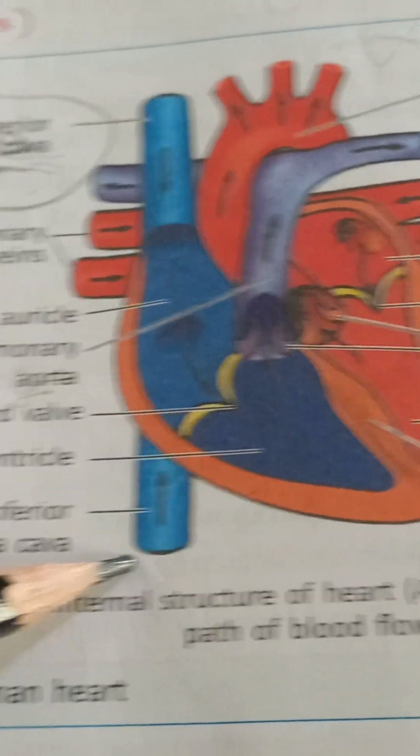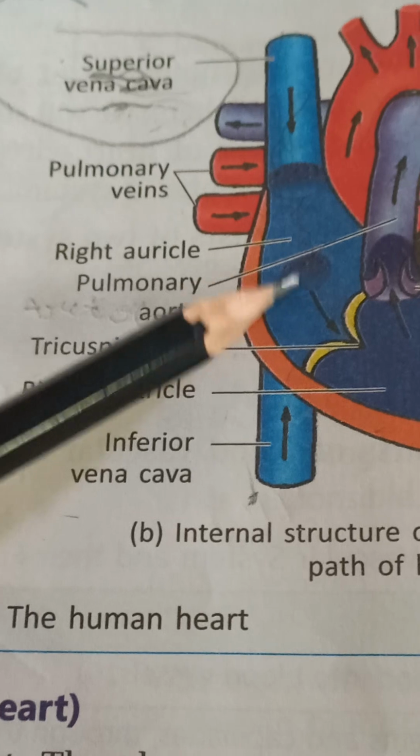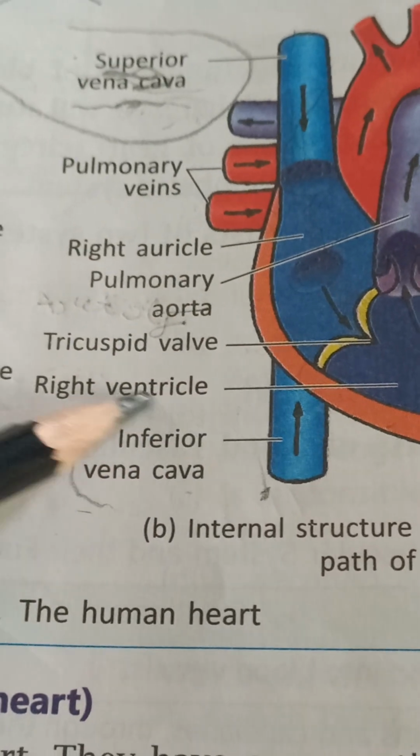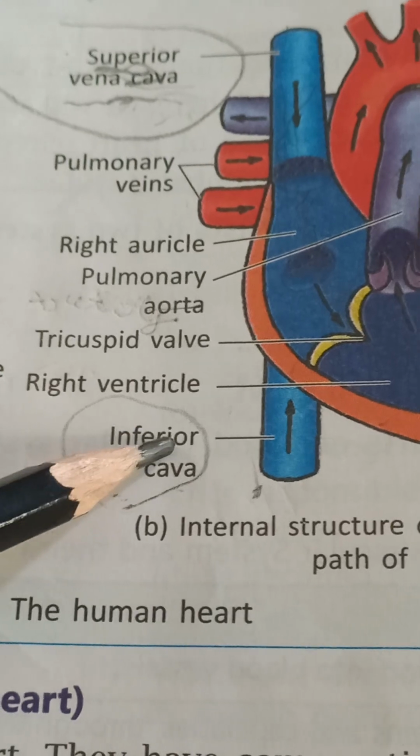Again we have another blood vessel that is entering the right auricle. What is it? It is the inferior vena cava. Why inferior?